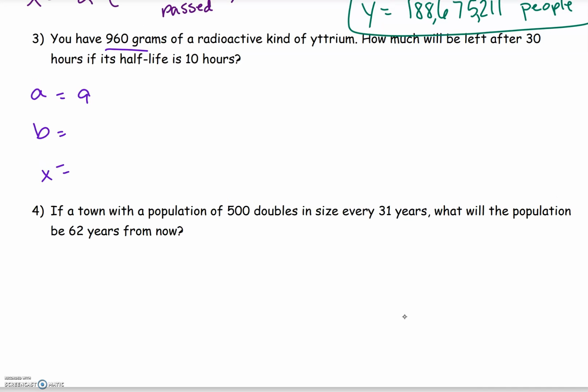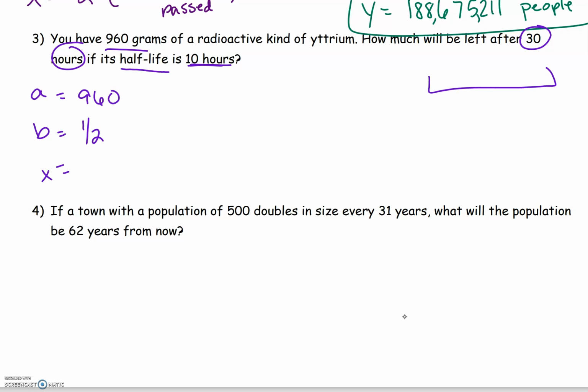Initial amount is 960. And then how much will be left after 30 hours if its half-life is 10 hours? So half-life, just kind of like double, but half. So our multiplier should be half. And then it's every 10 hours that happens. Well, it wants to know after 30 hours how much is left.